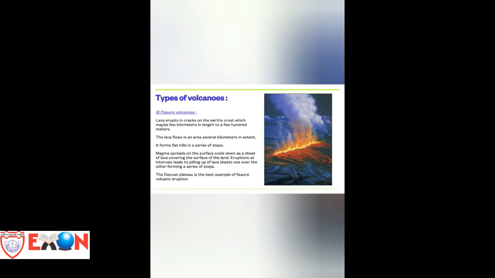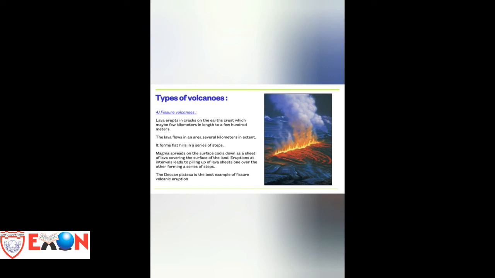It forms flat hills in a series of steps. Magma spreads on the surface, cools down as a sheet of lava covering the surface of the land. Eruptions at intervals lead to piling up of the lava sheets one over the other, forming a series of steps.